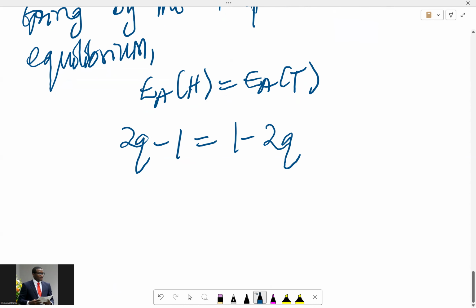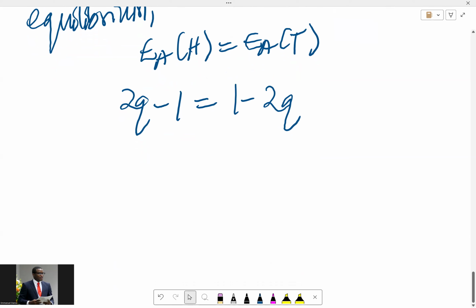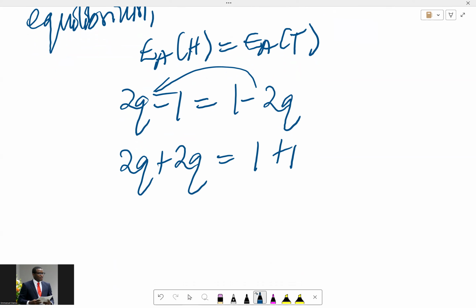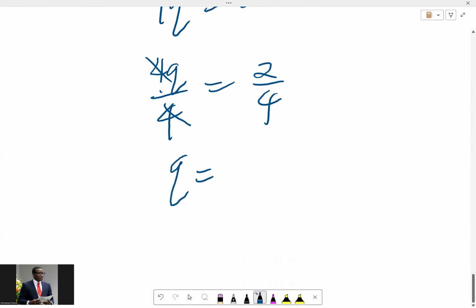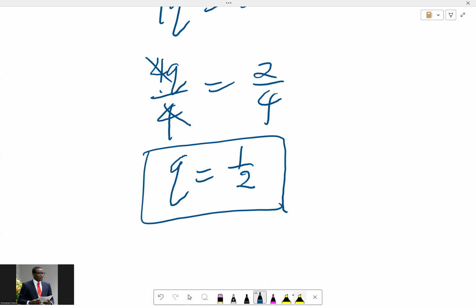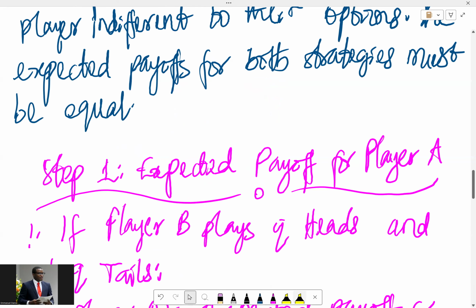If we put all that together, we have 2Q plus 2Q equals 1 plus 1. So we have 4Q equals 2. So 4Q over 4 is equal to 2 over 4, and Q is equal to 1 over 2. So the probability of playing head or tail is basically 1 over 2, because 1 minus Q will also be half. So we have that sorted. That is step 1, focusing on expected payoff for player A.